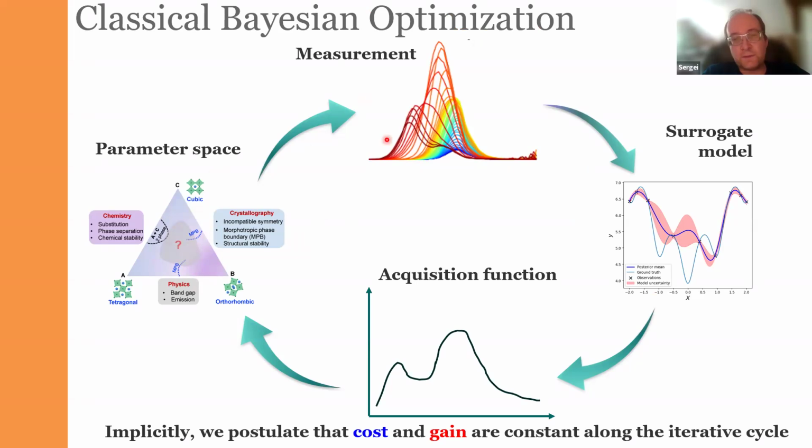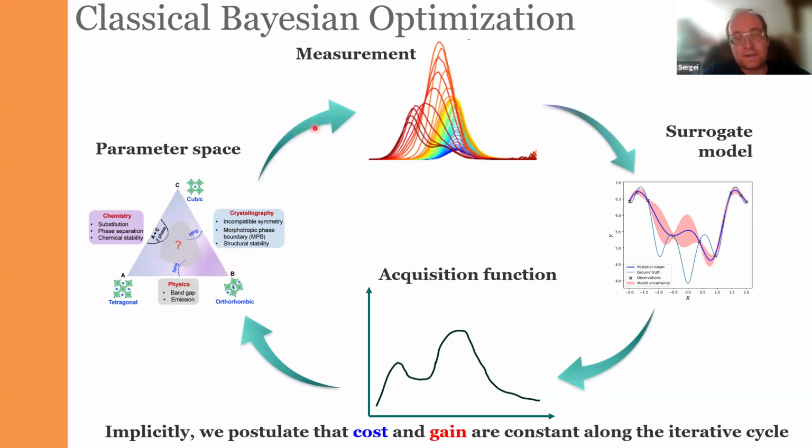The general concept of Bayesian optimization is that we start by defining our parameter space. This parameter space can be a concentration space of the system. It can be a parameter space of the growth. It can be something else. But the important thing is that we know what our playground is.